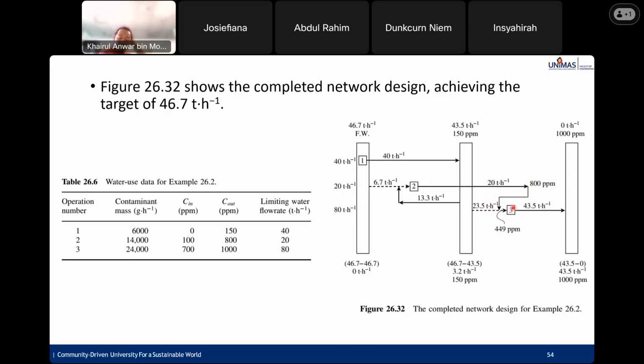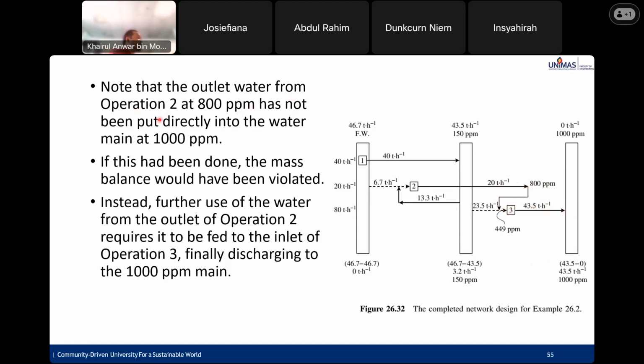And why do they reuse? Because you cannot discharge it at 800 ppm. So at this moment they mix it with stream three, until it reaches 1,000. Note that the outlet water from operation two at 800 ppm has not been put directly into the water main. If this had been done, the mass balance would have been violated. Instead, further use of the water from the outlet of operation two requires it to be fed to the inlet of operation three, finally discharging to the 1,000 ppm main.